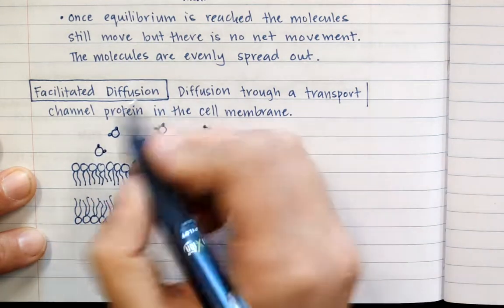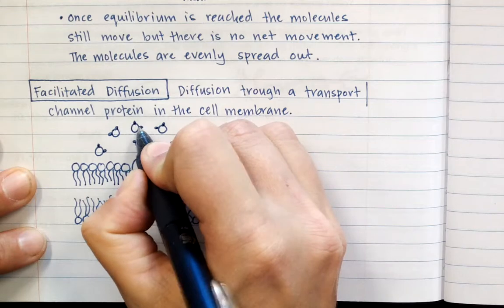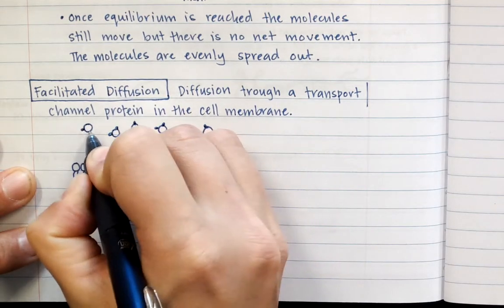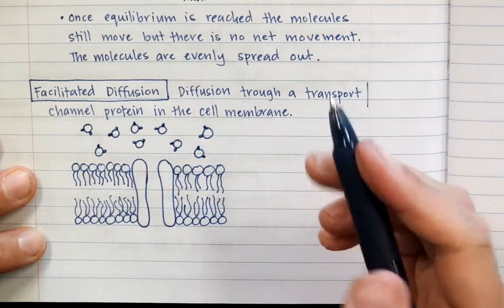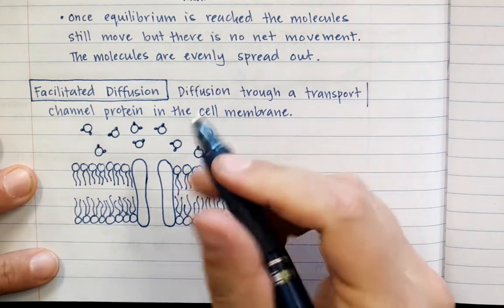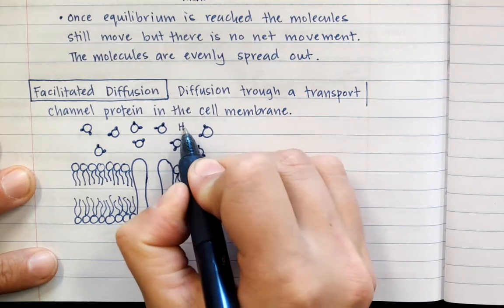So I have to have high on one side, low on the other. And this is facilitated diffusion. The word facilitate means to help. So this is diffusion, but it's with help, and it's with the help of a transport protein. So if I've got a lot of my water molecules, let's label it.